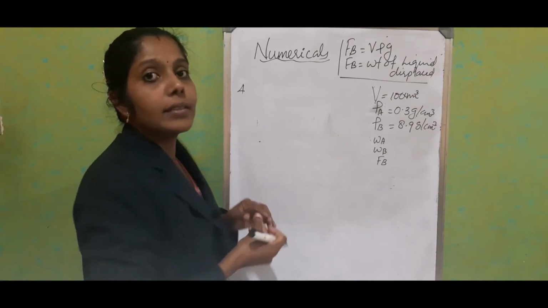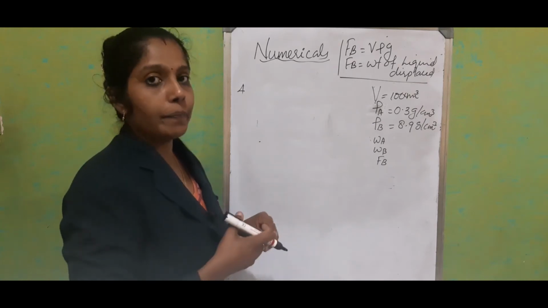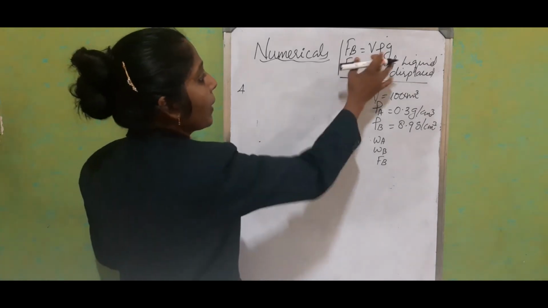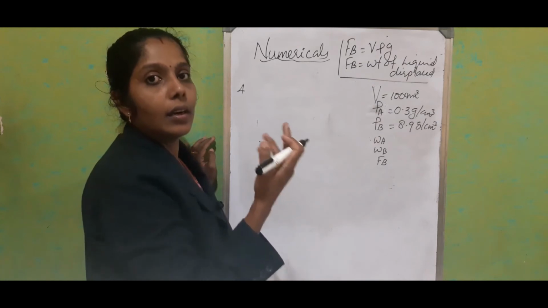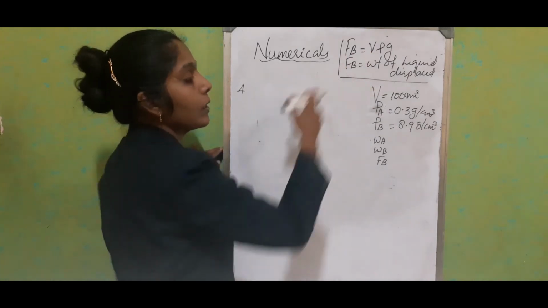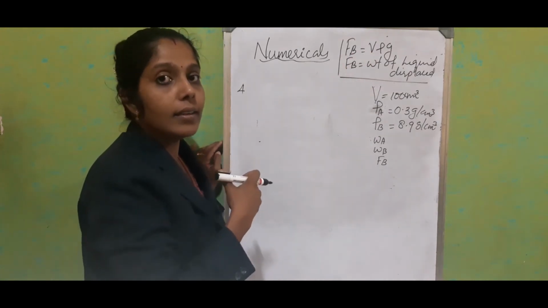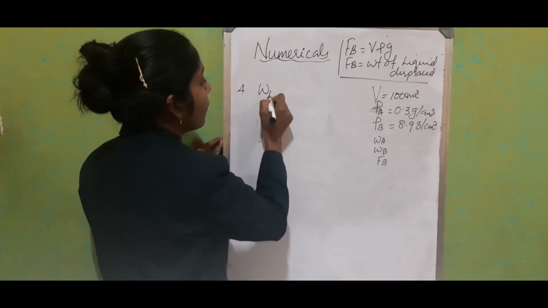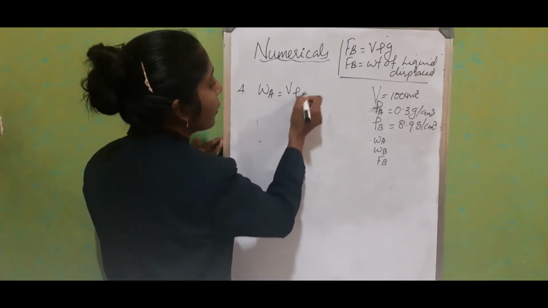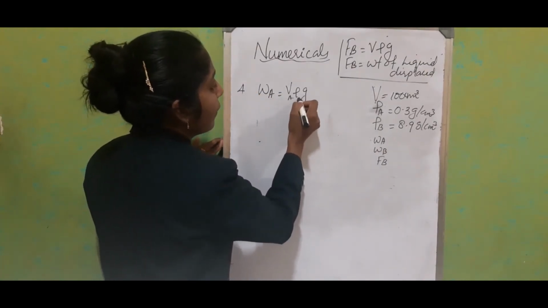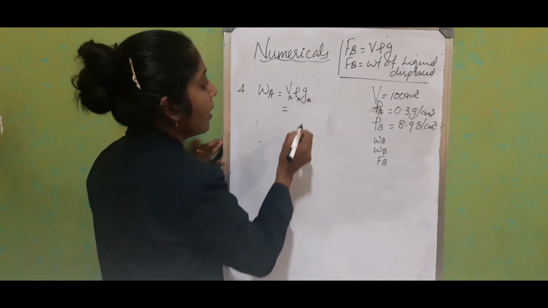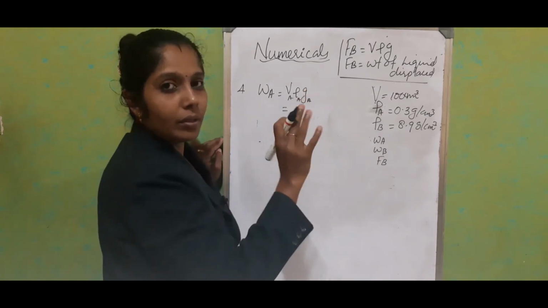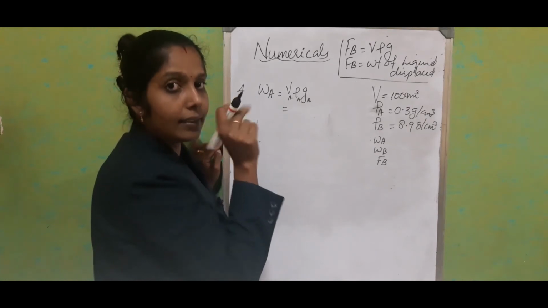It is immersed inside the liquid water. We can use the same equation that we studied in the theory part. Weight of A is equal to V rho G for A. I am not going to multiply by G, we just write it as gram force.